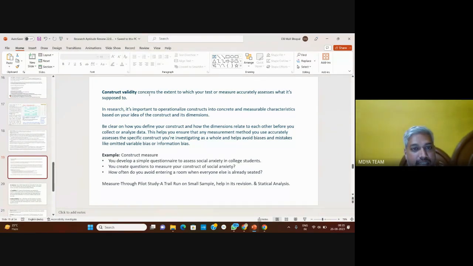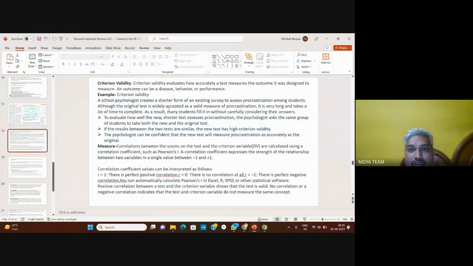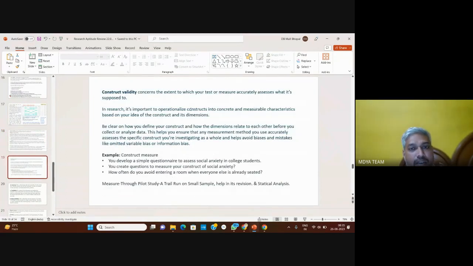So construct validity concerns the extent to which your test or measure accurately assesses what it is supposed to, right? Same is here. In criterion validity, we are measuring the outcome, right? And in construct validity, we are measuring the particular questions.